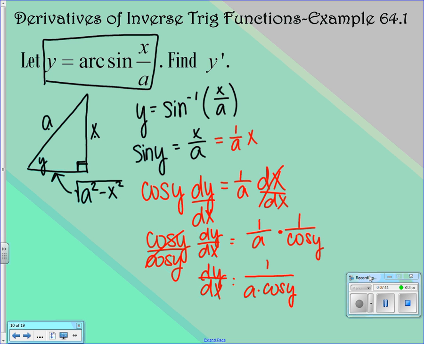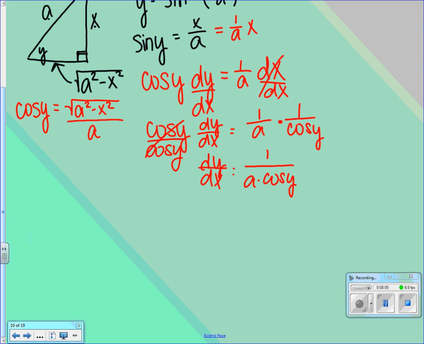But what we want to do is figure out what is the cosine of y. So let's look back over here at our triangle. The cosine of y, well, that's adjacent over the hypotenuse. Our adjacent is the square root of a squared minus x squared over the hypotenuse of a. So in our equation over here, we can say 1 over a times, and instead of the cosine of y, we can actually say the square root of a squared minus x squared over a, just by substituting that in.